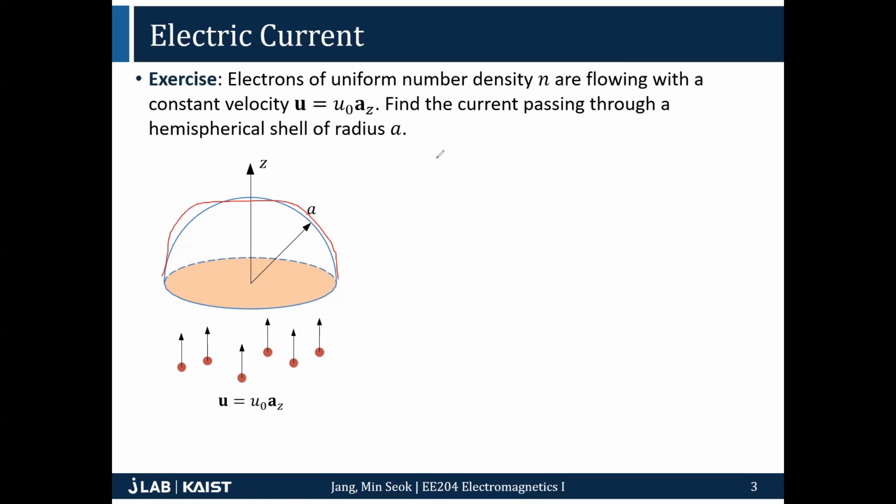Then J is, as I said, rho u, right? And then what is rho? We only know the number density of electrons, but we also know the charge of each electron, which is minus e, right? So minus e n is equal to rho. That's what we know. And then u is given. So we know J. And once we know J, then I is easy.